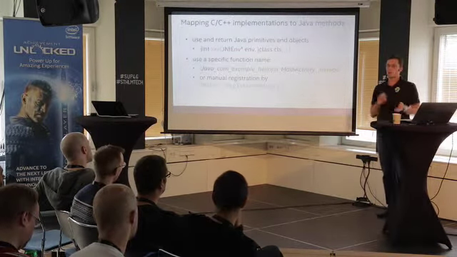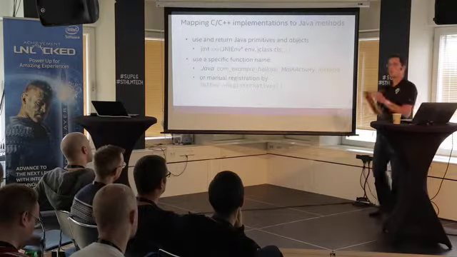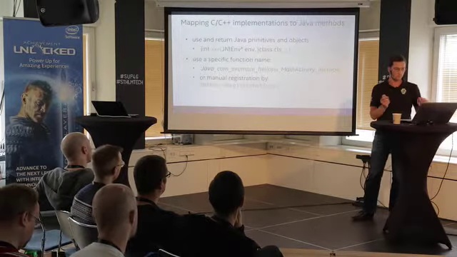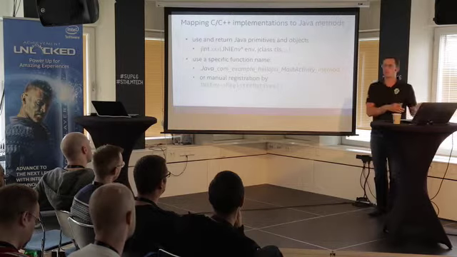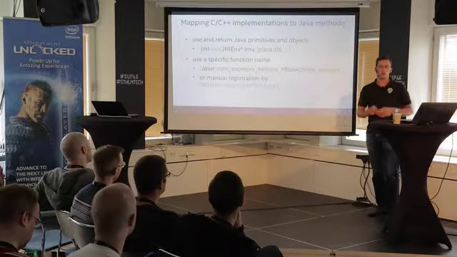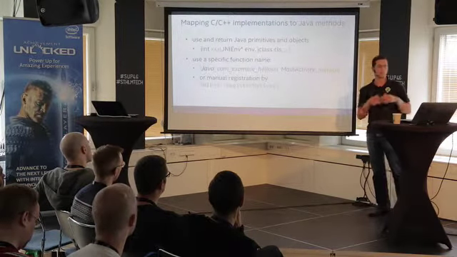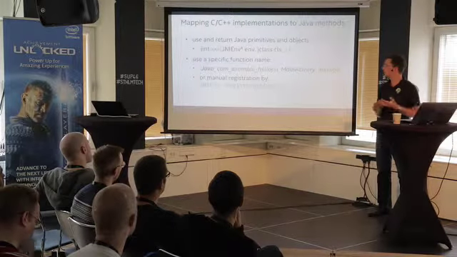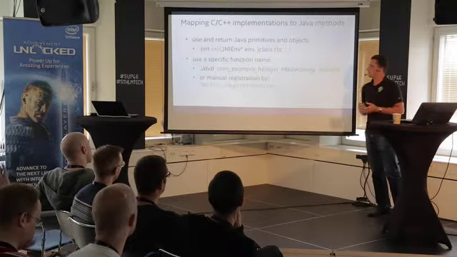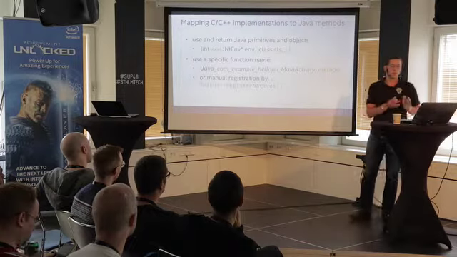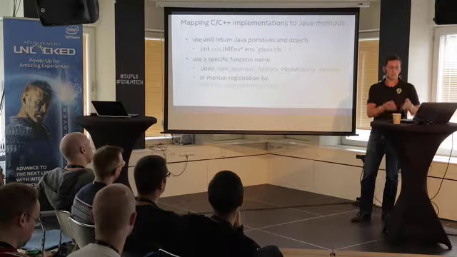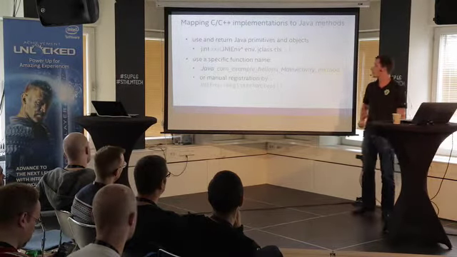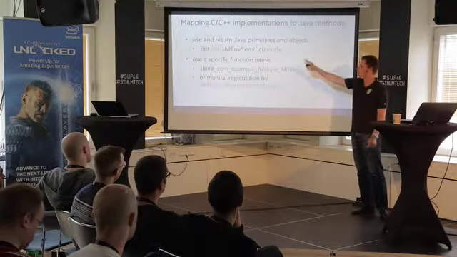So when you load the library and you want to map the implementations to the Java method that has been declared native, you need to implement these methods using a specific naming, and you need to return Java objects and get Java objects. So the convention when using JNI is this one.